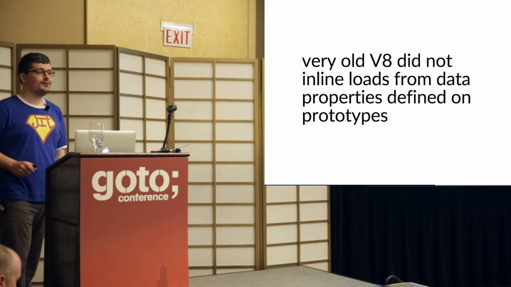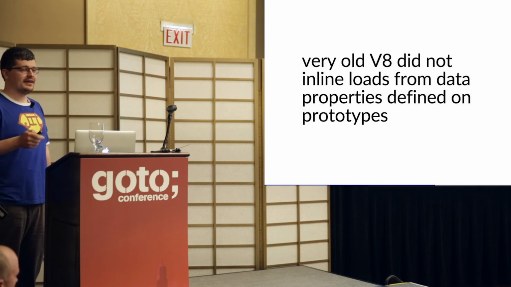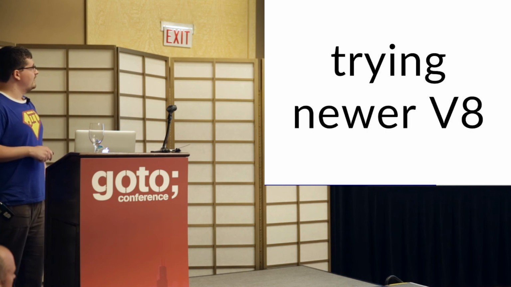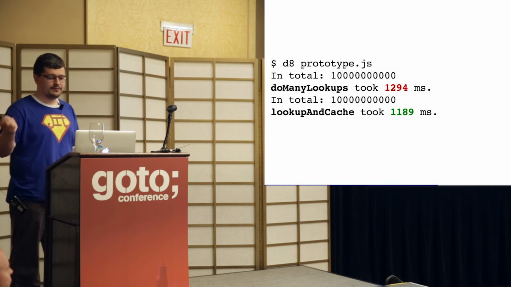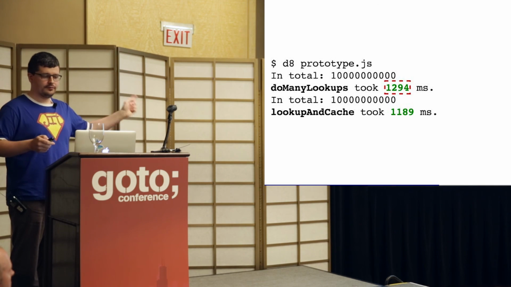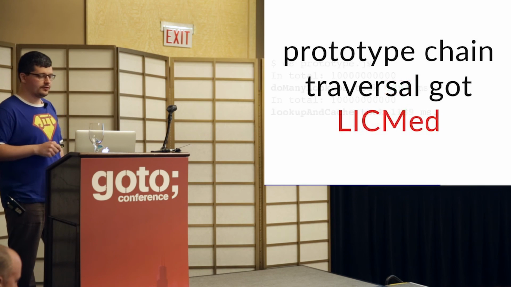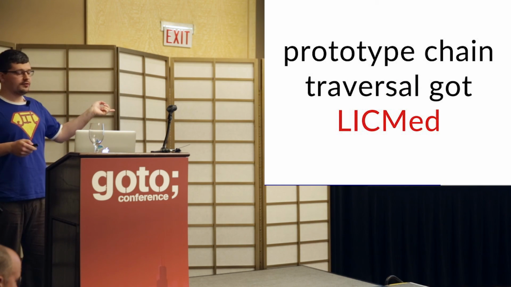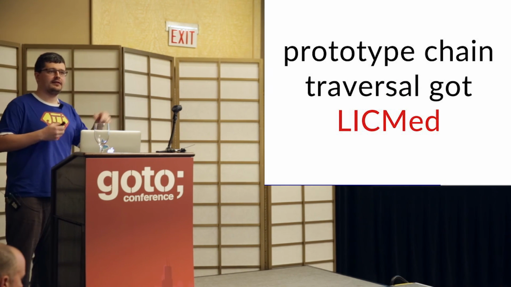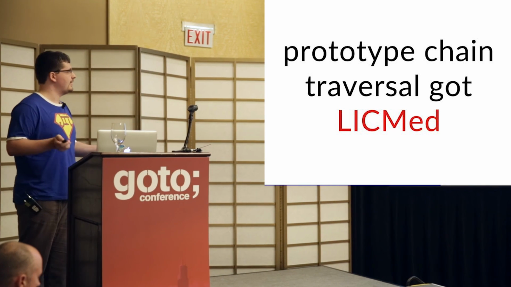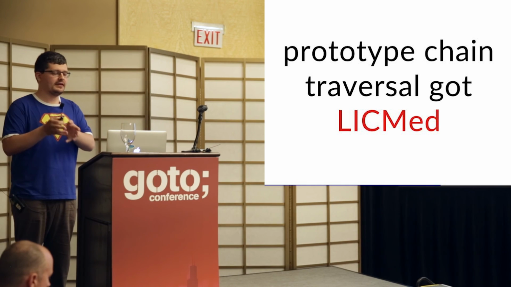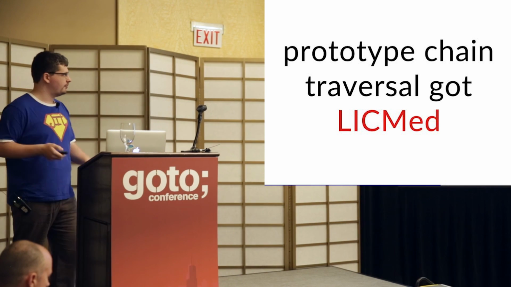But it had support for getters defined on prototypes. That's why the getter was faster. So if you try in newer V8, then you see they're roughly the same speed, even without the getter trick. And the prototype chain traversal, as we saw, got completely hoisted out of the loop. There are no checks left inside for the stability of the prototypes.